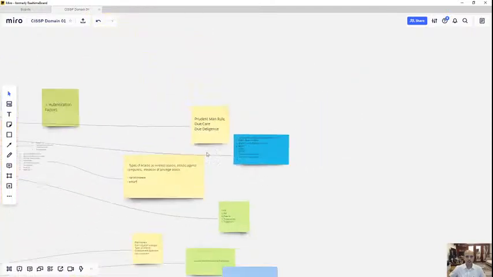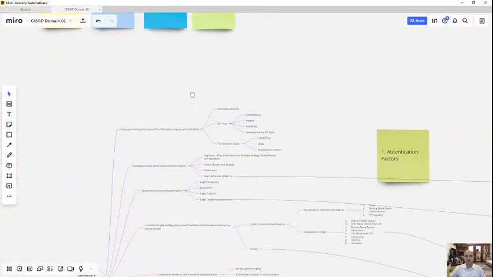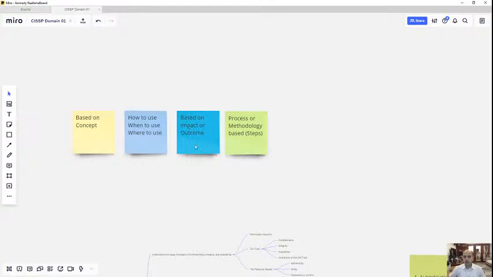If we check the color of this, it is based on the impact and outcome. So where to implement it and what exactly the impact of the same is.